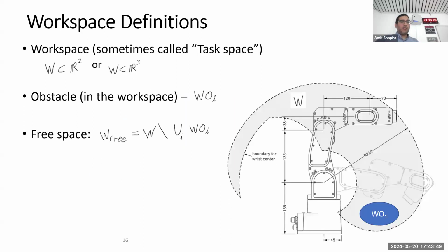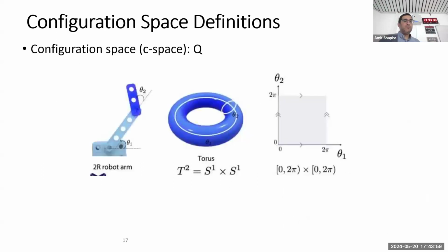Now, in contrast to workspace, which is the 3D space or 2D space that we know, there is also the configuration space. The configuration space is marked with the letter Q. I'll give an example. For a 2D robotic arm, which has two angles, the configuration space is the parameters of the configuration of the robot.